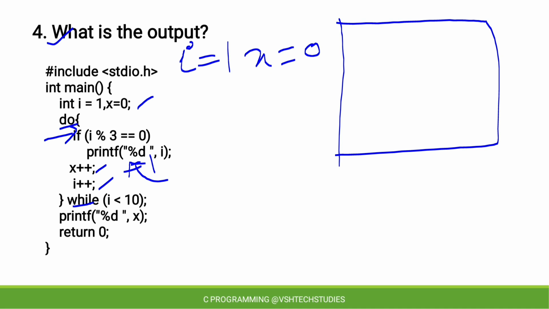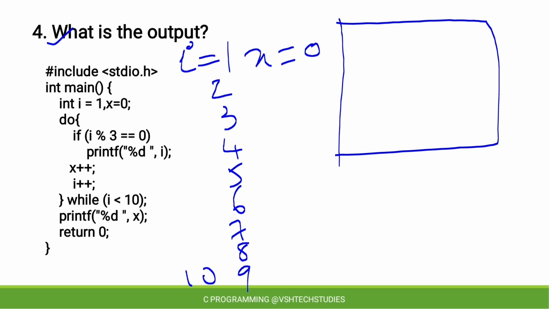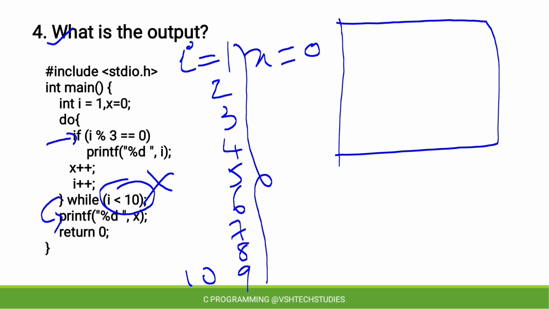So if I goes on incrementing, 1 becomes 2, 3, 4, 5, 6, 7, 8, 9. Only till 9. Next, when I becomes 10, 10 is not less than 10, condition fails, control will go out. These many times, if I mod 3 equal to 0, I value is printed on the monitor and space is left.